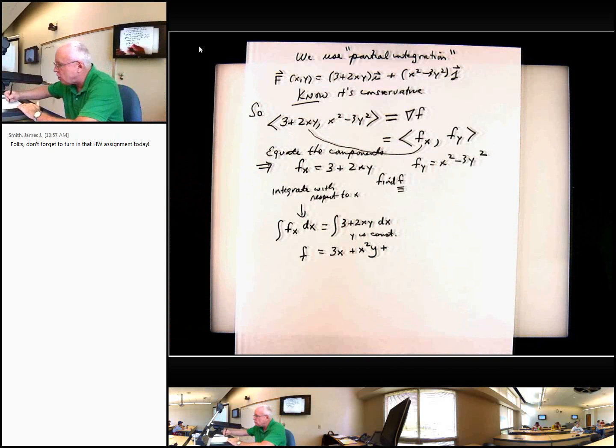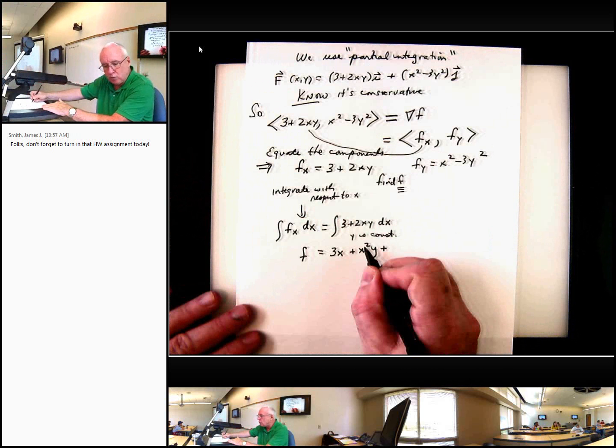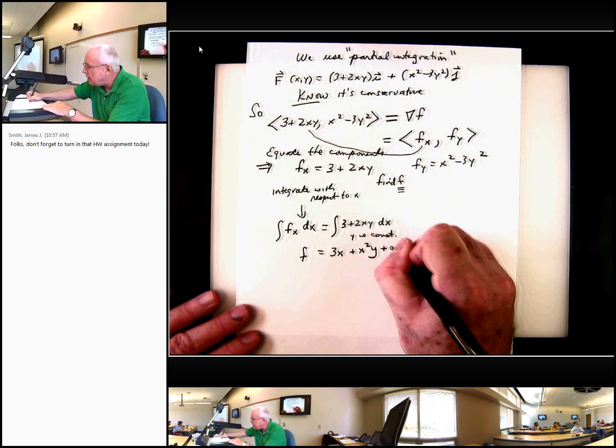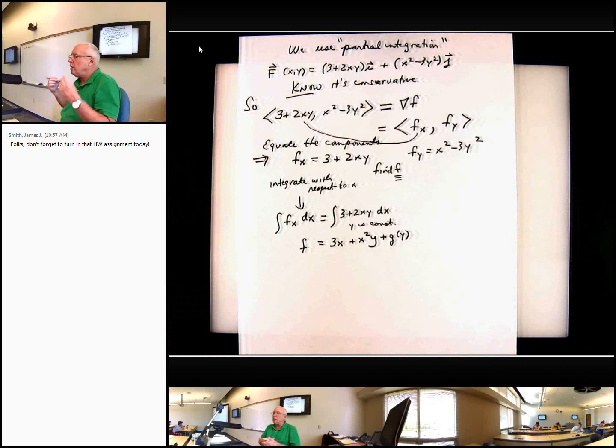So I'm going to say our little f function is 3x plus x squared times y plus, and now I'll just have to give it a name. I could use any letter of the alphabet. I'm going to say plus some g of y. All right?